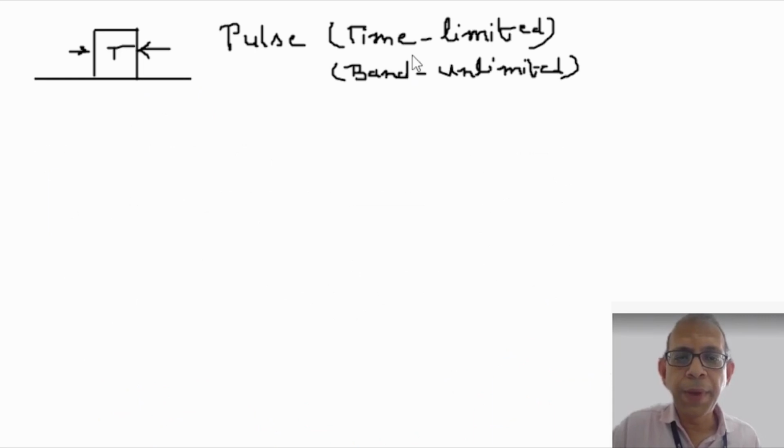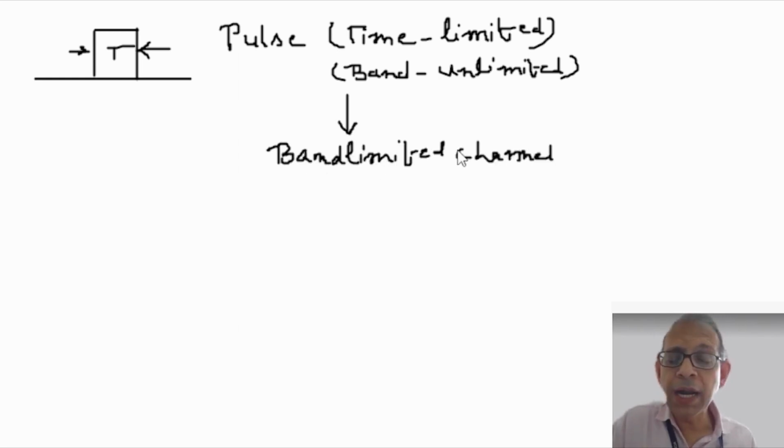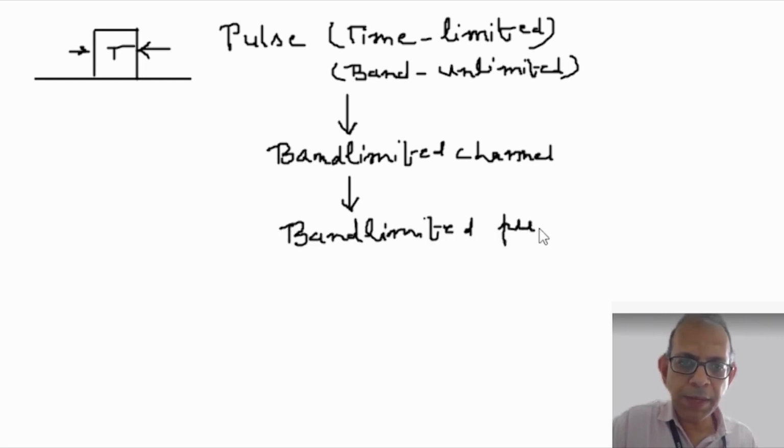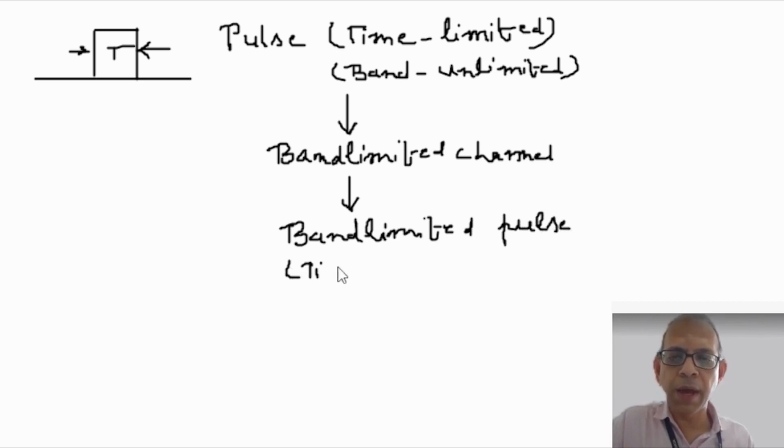And when a band unlimited signal is passed through a band limited channel, that band limitedness of the channel curtails some frequency part of this pulse, and now at the output the pulse becomes a band limited pulse. Because the pulse has now become band limited, it becomes time unlimited. That is, it disperses in time.